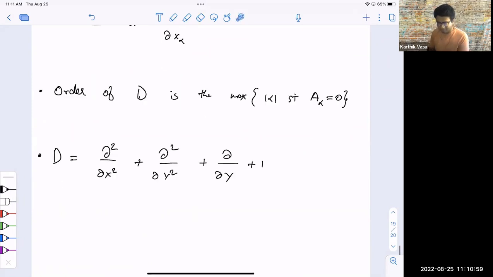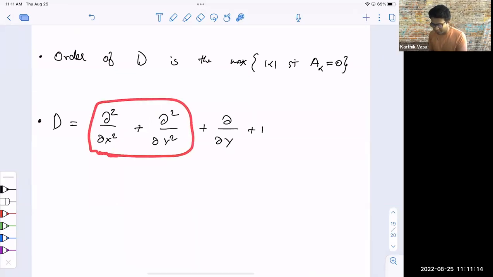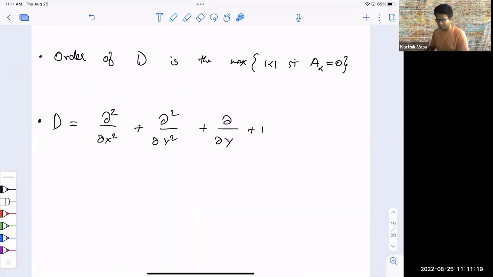When you change the coordinates, you change x into something, y into something, and you apply the chain rule, and it will split out a bunch of terms. Only these top order parts will be similar; this part will be comparable to the one in the new coordinates. But this will also spit out lower order terms, which will go into this, and these will not be comparable anymore.